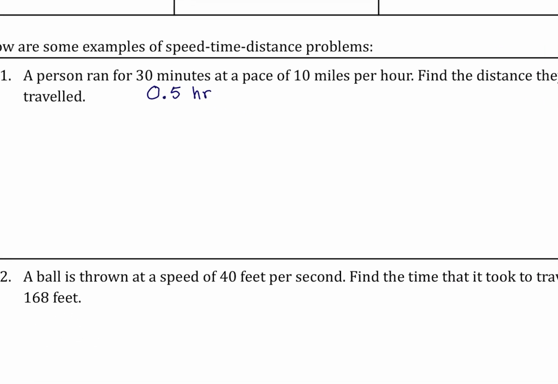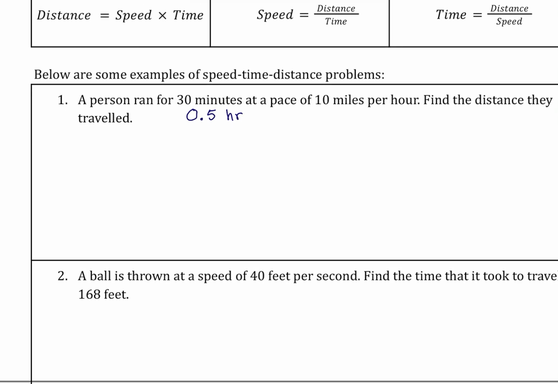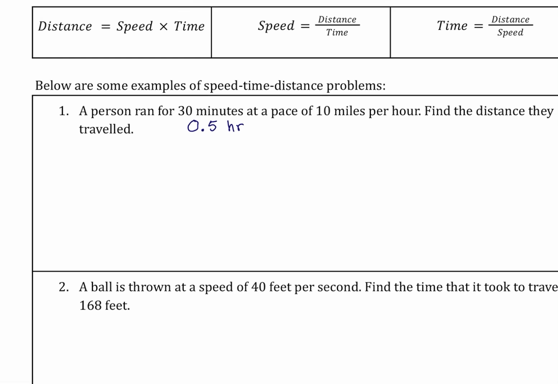Now that we have our units all consistent, we can figure out which formula we want to use. We are trying to find the distance, so we're going to use the equation that's solved for distance, which is this first equation here. Distance equals speed times time.